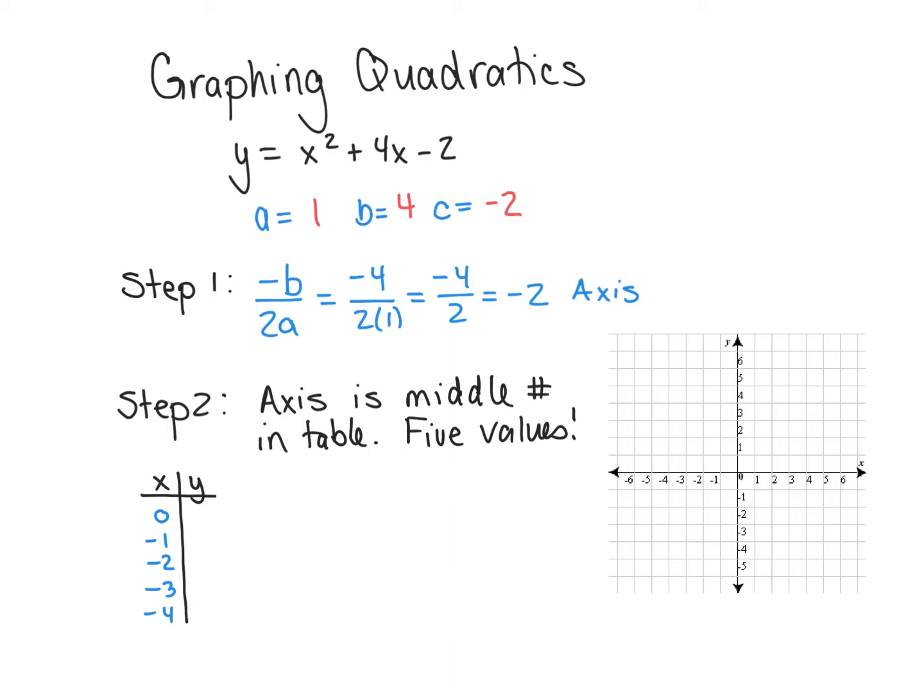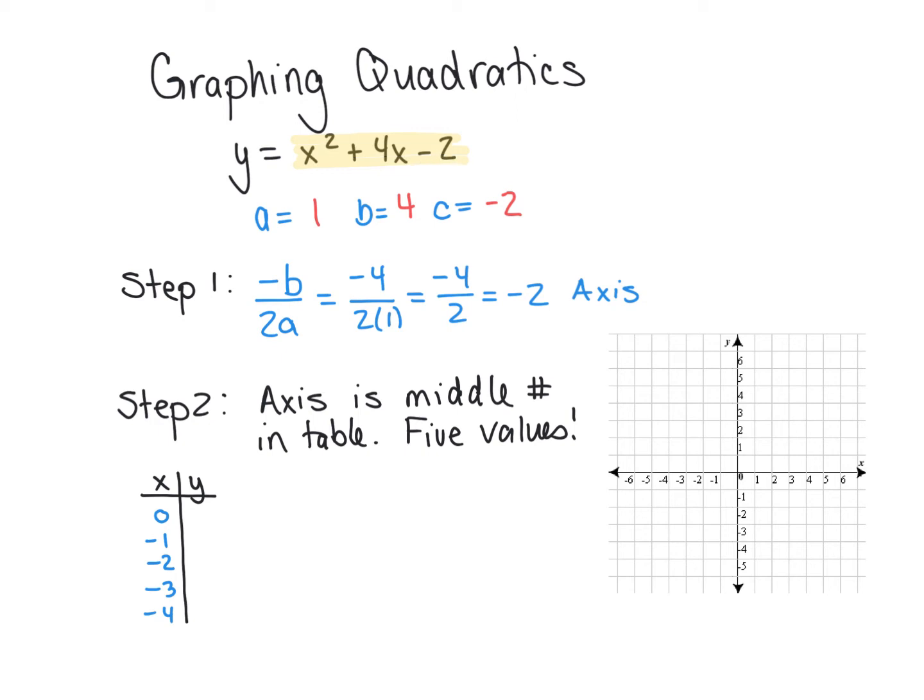So the next thing that we're going to do is take these values and plug them back in to the original equation. So we're going to take each of the values in the table and plug them in to this equation that we started off with.